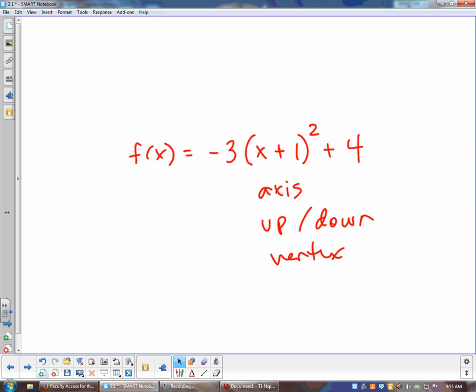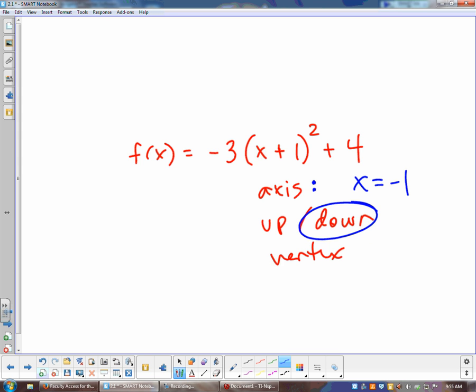It is indeed. Opens down. Okay. Exactly. I need an equation. Axis is a line. So x equals -1 is the equation of my axis of symmetry.